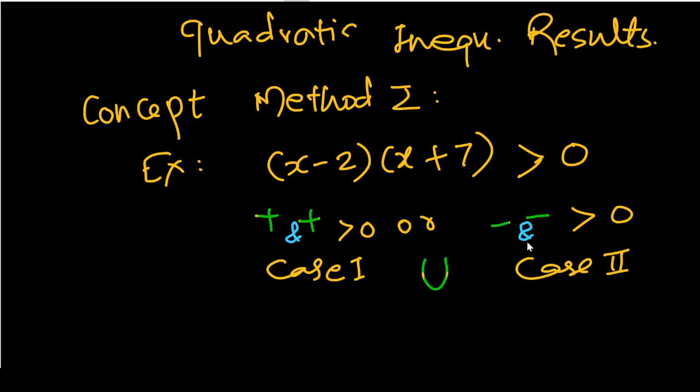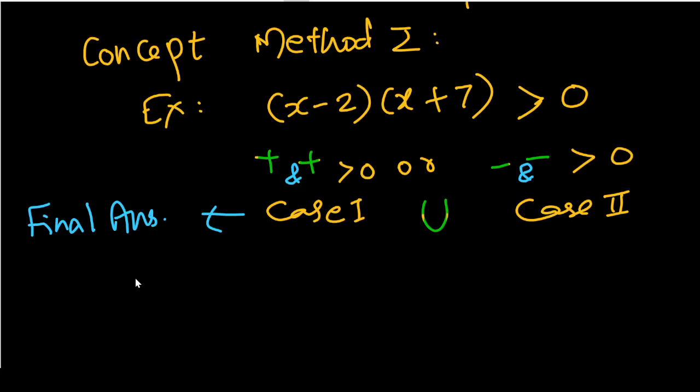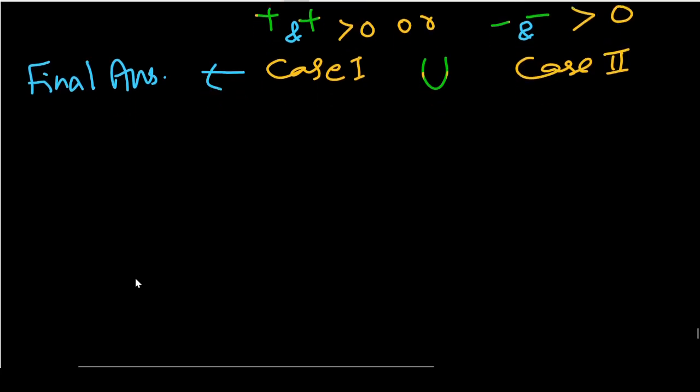For these two inequalities we will use and. So to solve each case we will use and, and after solving case 1 and case 2, we will take the union and it will give our final answer. That is the concept behind method number 2. Okay, so (x minus 2)(x plus 7) greater than 0, we will solve by the method of case 1 and case 2.